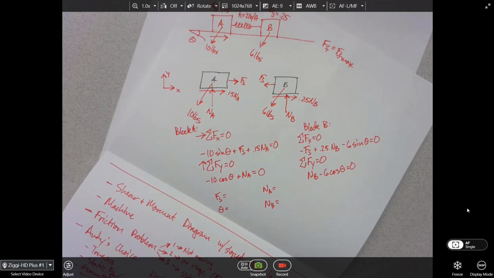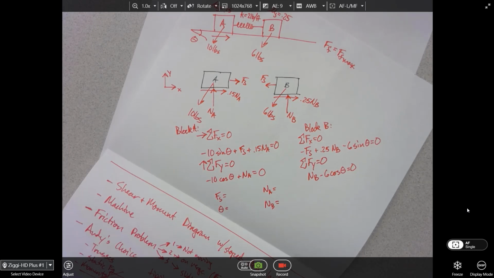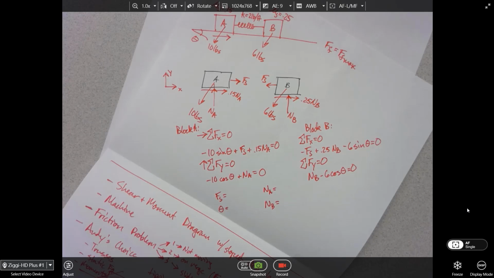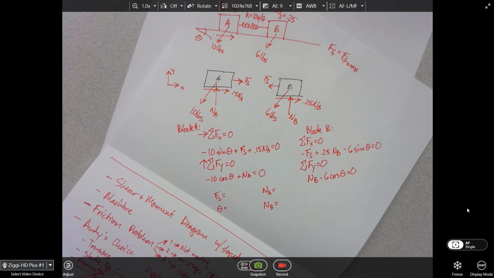Yes, let's do it. What do you get? If you're putting this into a solver, you're going to have to bound your theta value to be between 0 and 90. How do you do that? Yeah, some program way to do it.